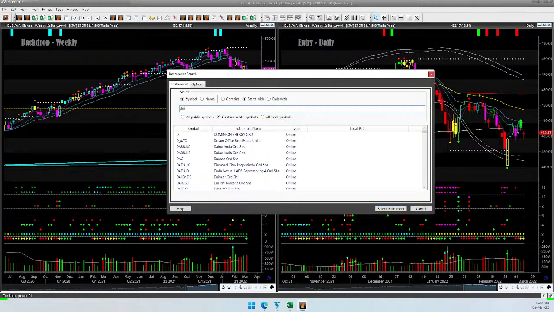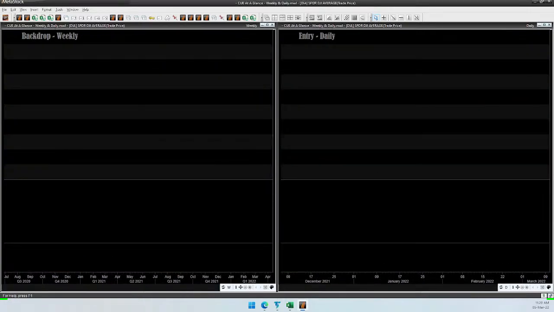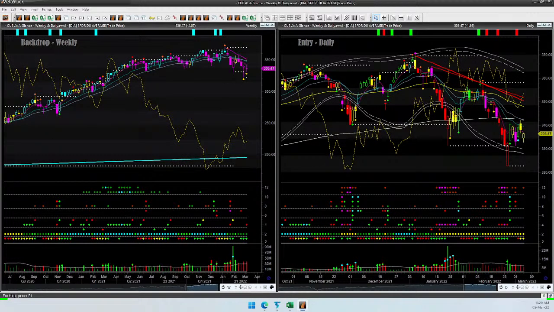DIA. DIA also has a doji candle, has bullish indecision for 2 weeks in a row. After this strong recovery day last week, price has not moved anywhere, moving sideways.